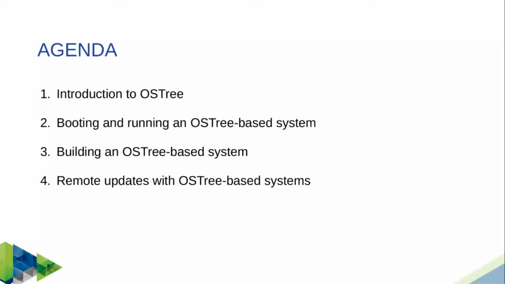How can we use that on an embedded device as the root file system? We're also going to discuss how we can build an embedded Linux system with OSTree. And in the end, we're going to talk about how we can use it as a remote update system. That's one of the big advantages of an OSTree based system.